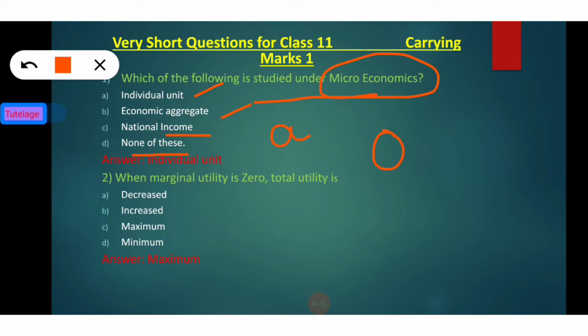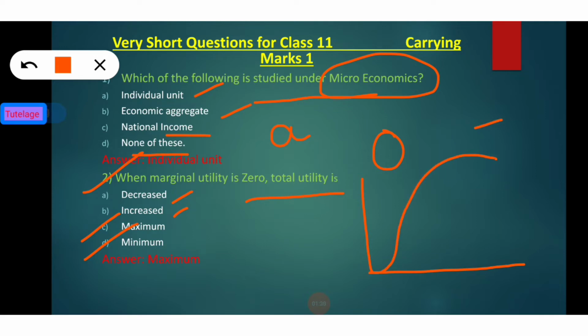Now move on to the next question. When marginal utility is 0, total utility is decreased, increased, maximum or minimum? Here is a diagram of the marginal utility and total utility curves. This is the total utility curve and this is the maximum point, where total utility reaches its maximum.